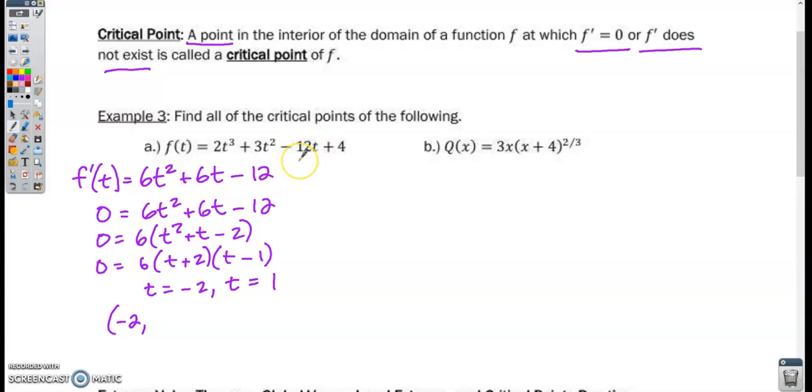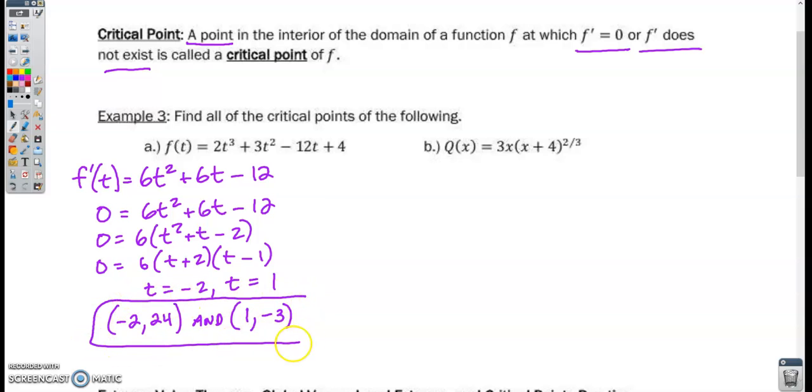That's 0 plus 24. So it looks like (-2, 24) is our first point. And we substitute 1 in here, and we've got 2 plus 3, that's 5, minus 12 is -7, plus 4 is -3. And so there are our critical points for this function.